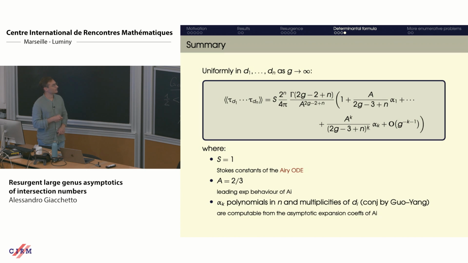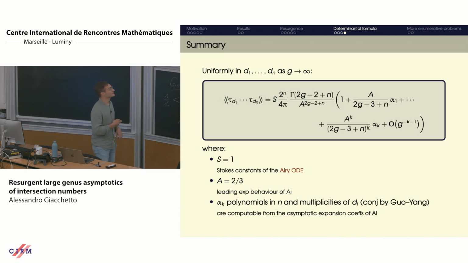And again, these alpha k's, they are explicitly computable, and the coefficients of n and these multiplicities are just some expressions in terms of the coefficients of the asymptotic expansion of the Airy functions. Okay, so this is what we got for this psi-class intersection numbers problem.